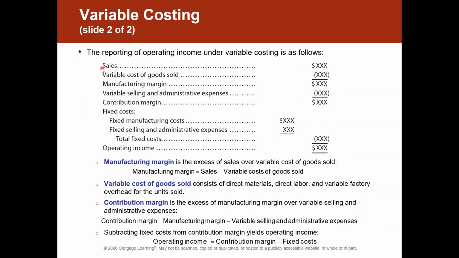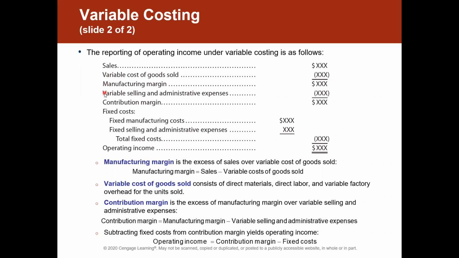So we know from chapter 20, sales minus variable cost, which includes both of these two items, is contribution margin. But if we break those variable costs into, is it related to the product or is it a period expense? Sales minus the variable cost of goods sold, so only the variable product cost, is manufacturing margin.